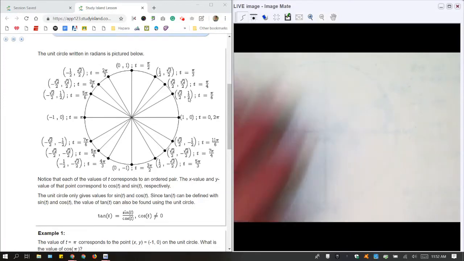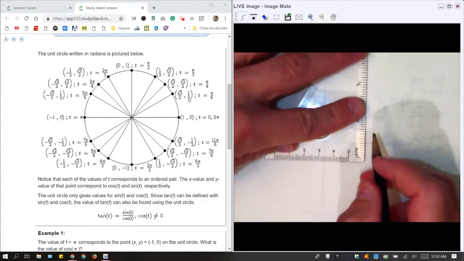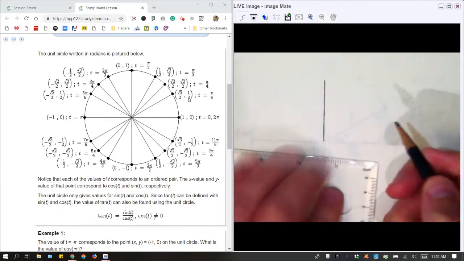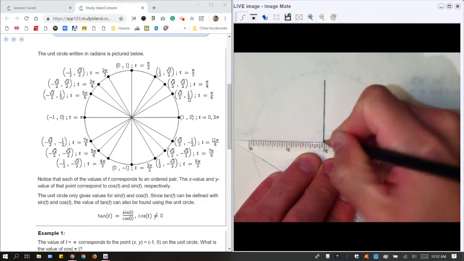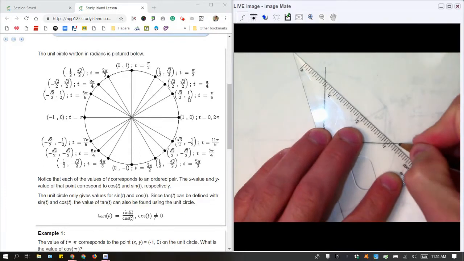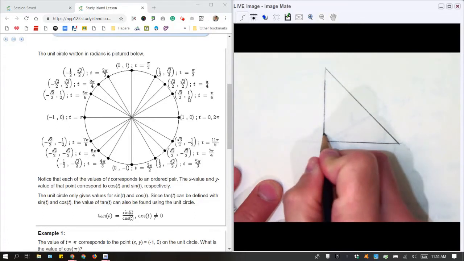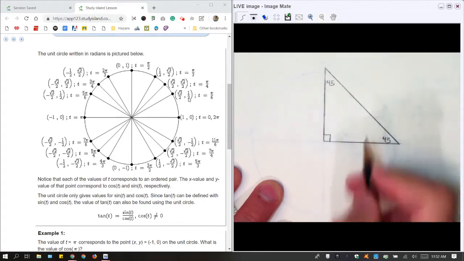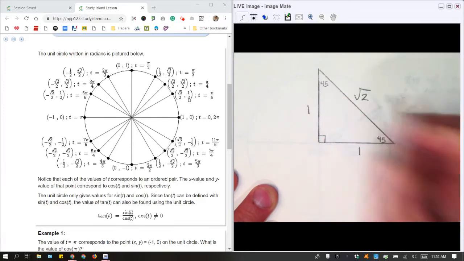If you have a 45, 45, 90 degree triangle, so let's say we've got a triangle right here, and this is 90 degrees, and this is 45 and 45. Well, the ratio of these sides is always 1 to 1 to the square root of 2.